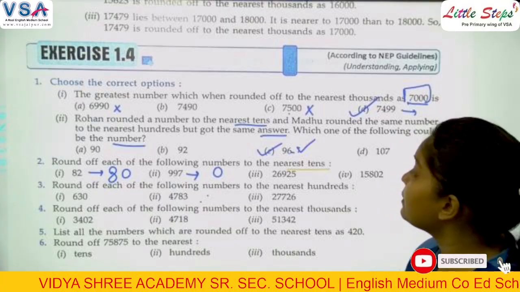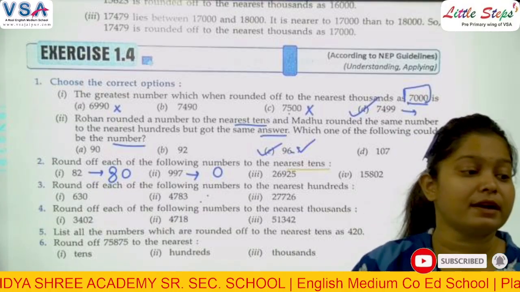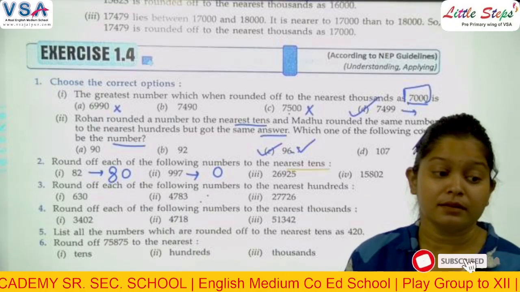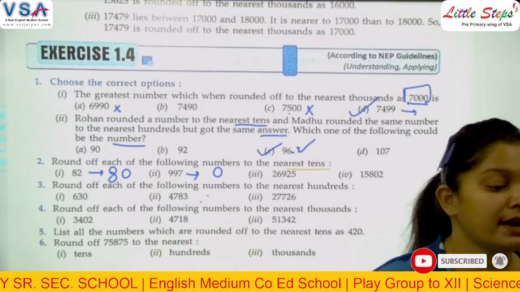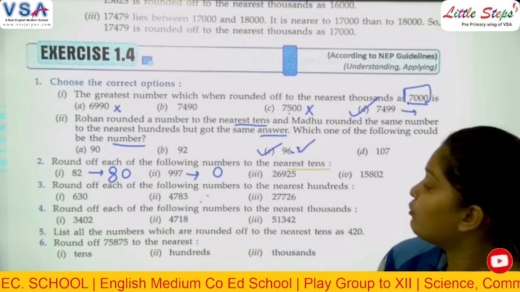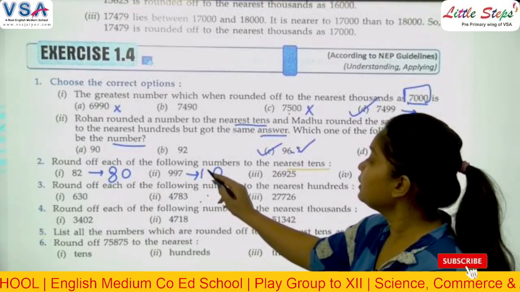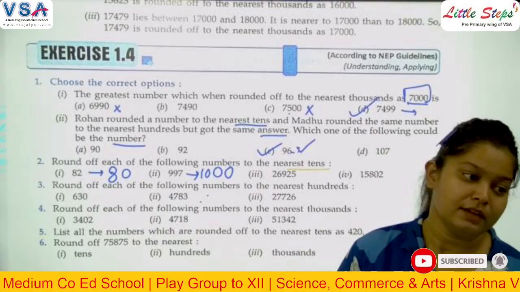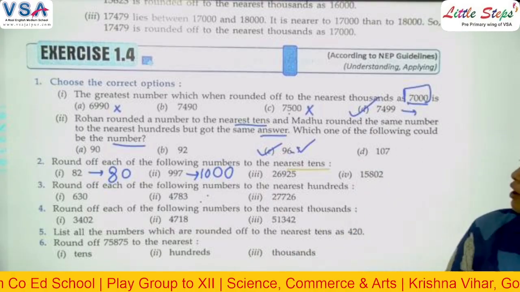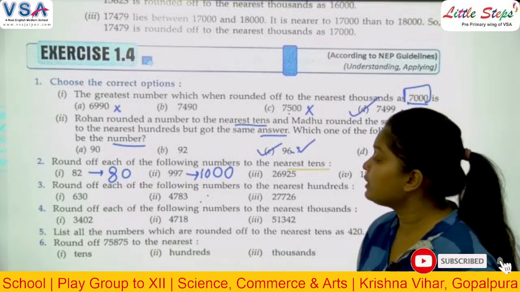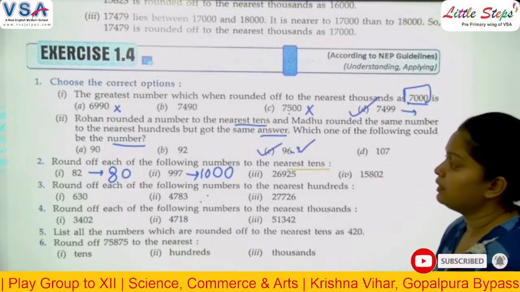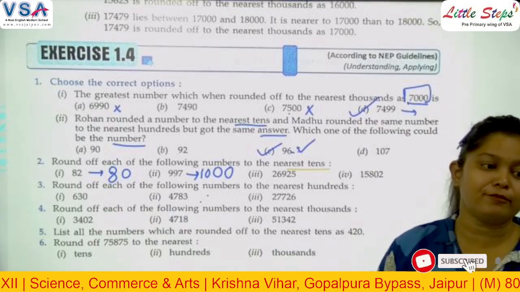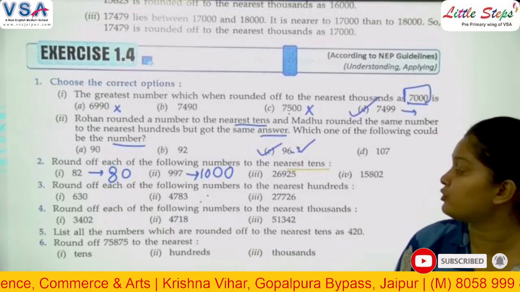So what will we get? For 997, the bigger one is 7 to 8, then 9, then 10. What do we have to write down? 1000. So the rounding of 997 gives the answer 1000. Clear? We have to find the value that is nearest to it.